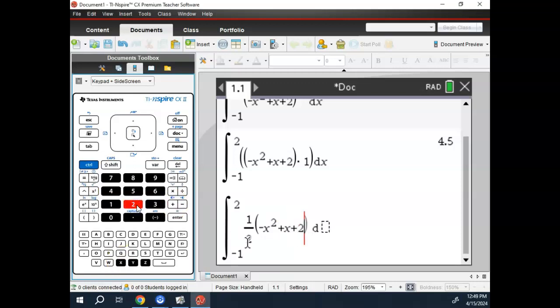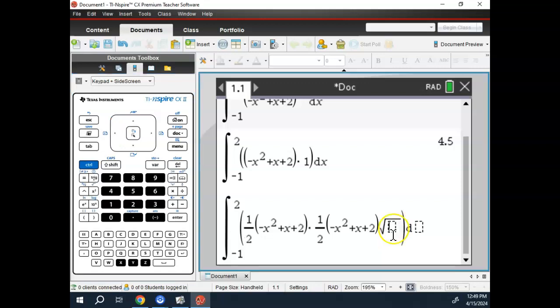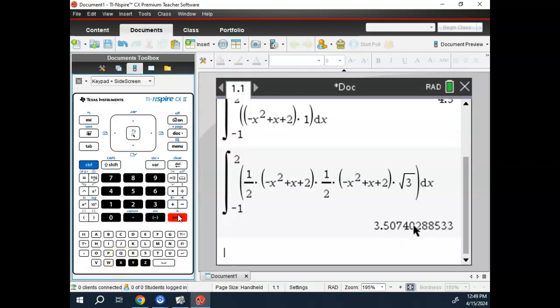Y'all are probably already done, and I'm still over here trying to type it. Times 1/2 times negative x squared plus x plus 2, times the square root of 3, dx. Cross my fingers that I did that right. I think I did.